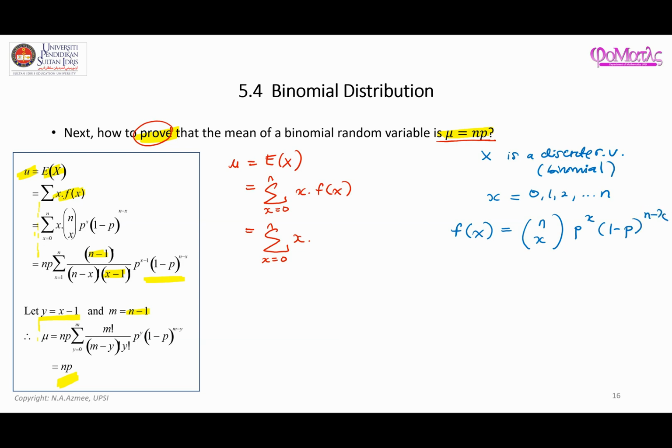Okay, so that is the probability distribution, and we're just going to substitute the whole thing right here at this position. So we have n choose x, p to the x, (1 minus p) to the n minus x.